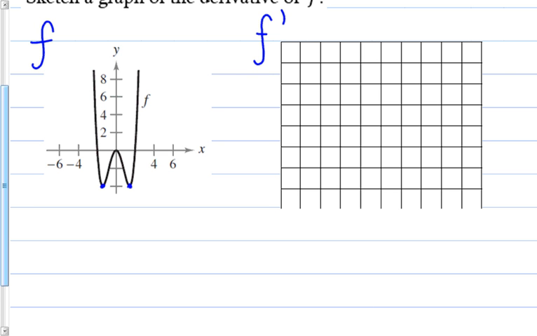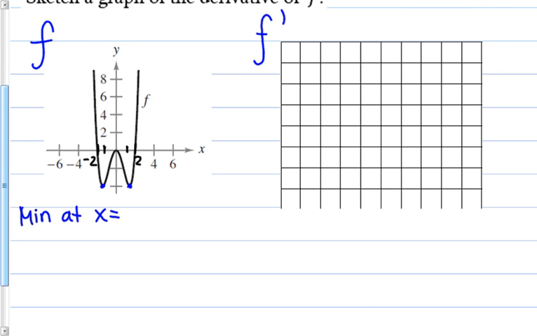So let's see, min at x equals... if you haven't noticed, the scale on this graph is by 2's. So this is a -2, and this is a +2. To me, it looks like it's in the middle. Might not be perfect.